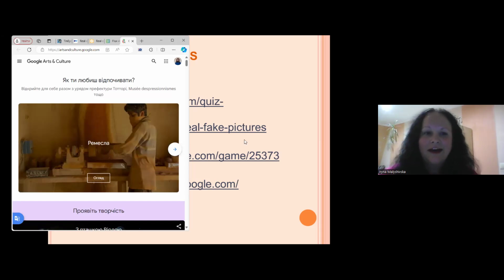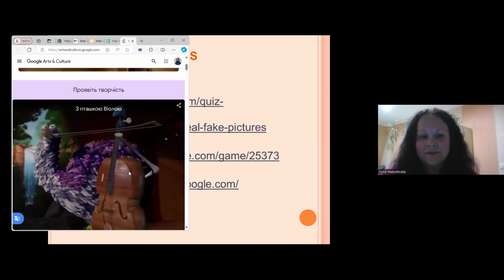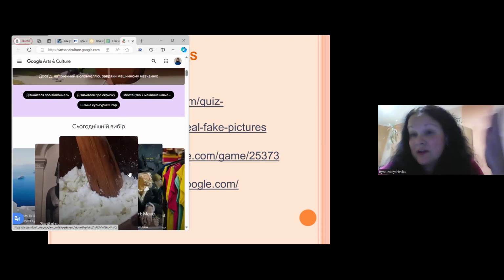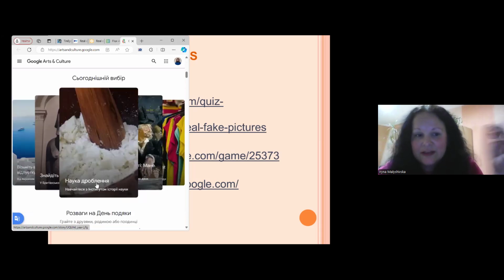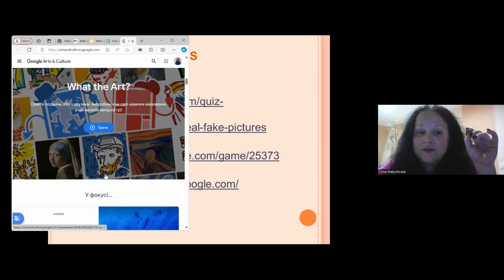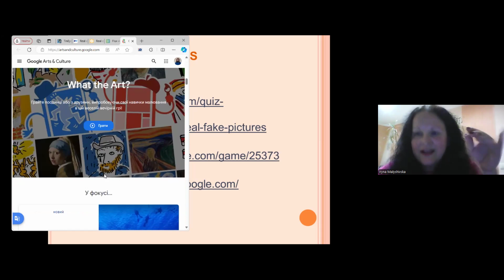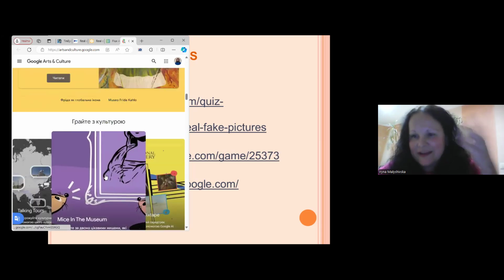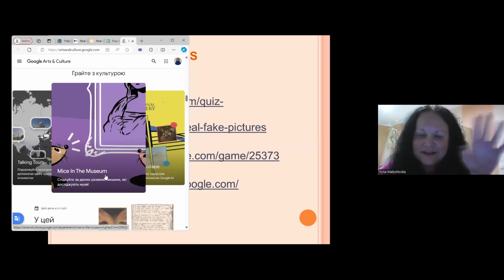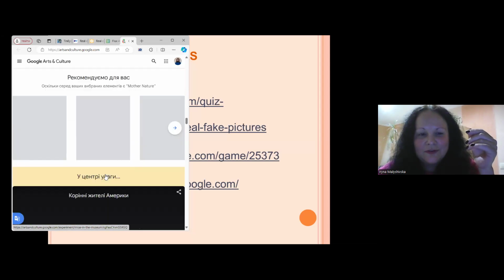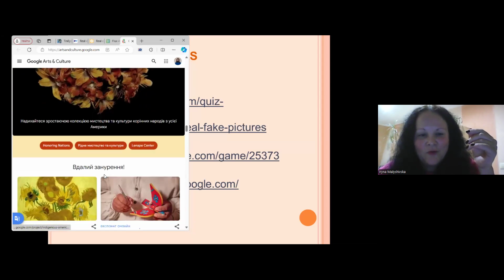And what can you find there? Well, it's everything about art. It's everything about photography, because photography is also art. You can find different styles. You can find different museums. You can have virtual tours there. And here, when we have art as a topic with my students, I will show you what we do. One moment.